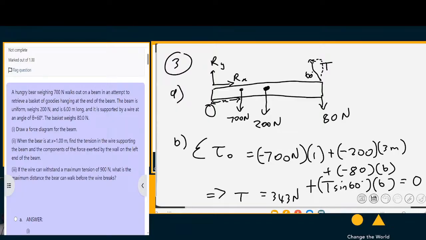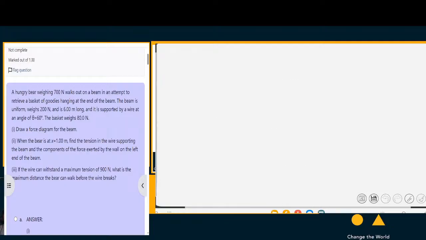So they ask us to find the tension in the wire supporting the beam, and the components of the force exerted by the wall on the left end of the beam. Okay, so we have the tension. Now Rx, the x component of that force, is equal to the tension times the cosine of 60, and that is just equal to 171.